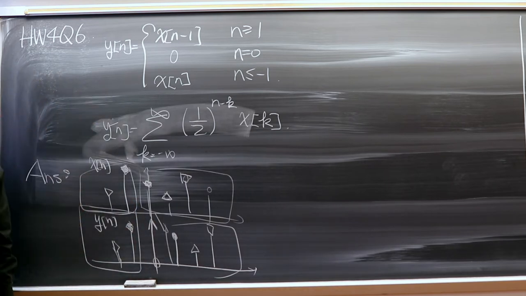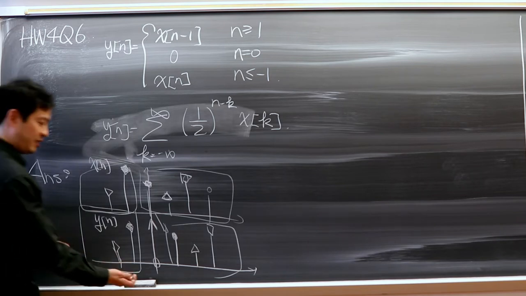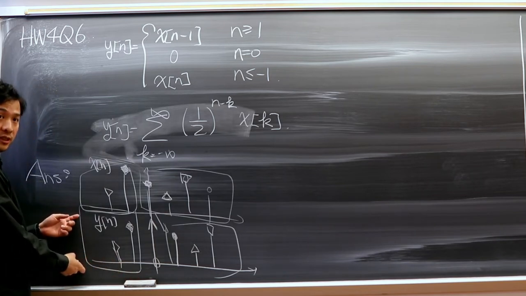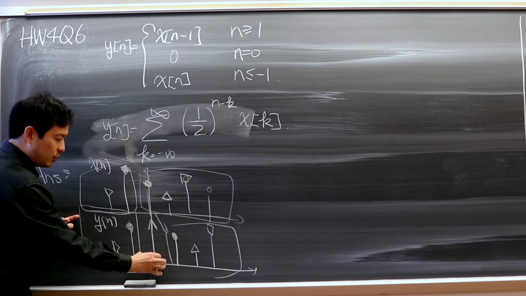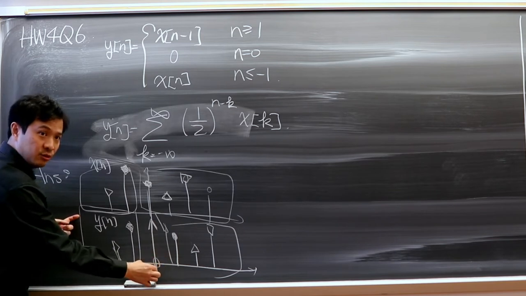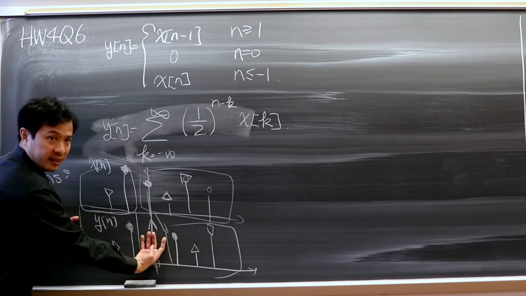Now go back to our original question. Is this one invertible or not? Yes, it is invertible. How do you invert it? Well, every time I look at the output signal, I'm going to get rid of this 0 and move everything back.